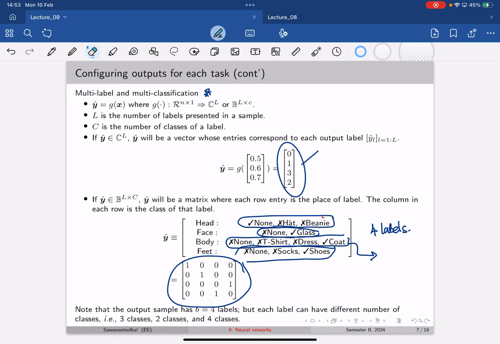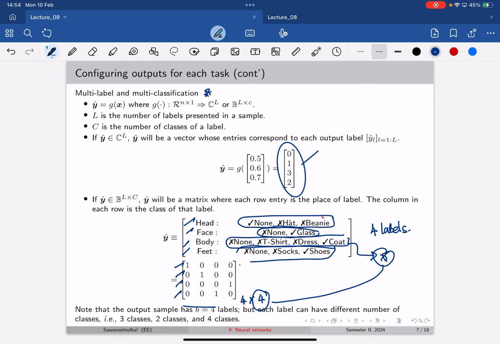So that's the reason why you would have a matrix of 4 rows times 4 columns. The rows are the number of labels that you have, and the 4 columns are because of the number of classes, where the maximum is 4.